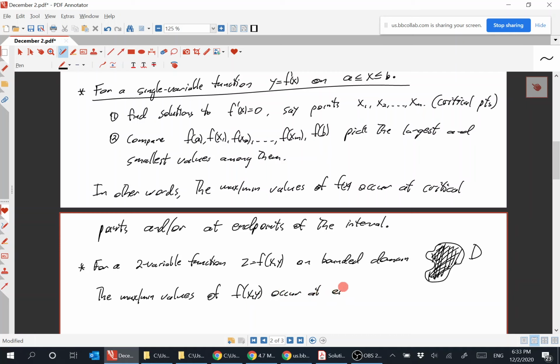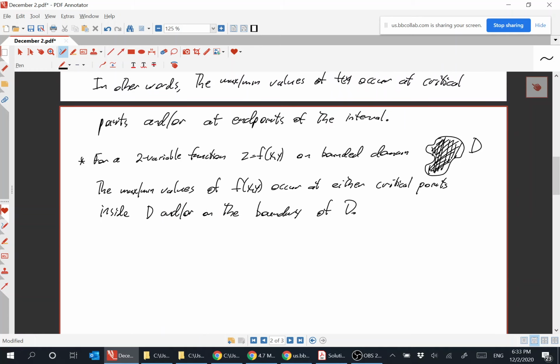Occur at either critical points inside D or on the boundary of D. Okay, so step one, solve, so find all solutions to f sub x equal to 0, partial derivative of f with respect to x equal to 0, and partial derivative of f with respect to y equal to 0.